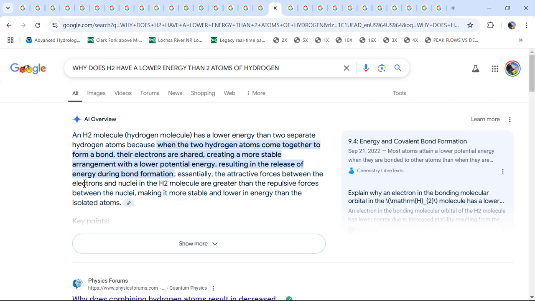The attractive forces between the electrons and nuclei in H2 molecules are greater. Oh, so the attractive forces between the electrons and the nuclei. And this is interesting because the nucleus is a proton.